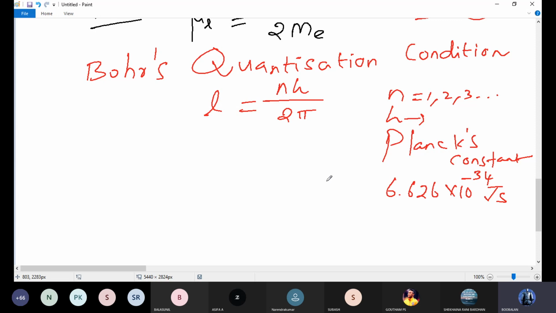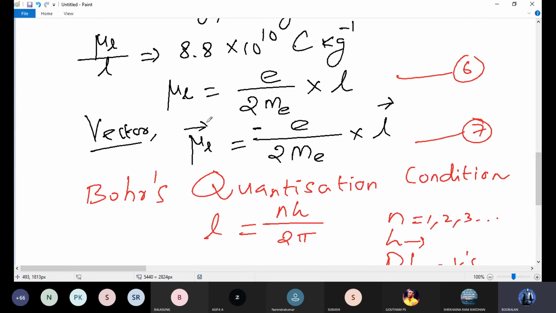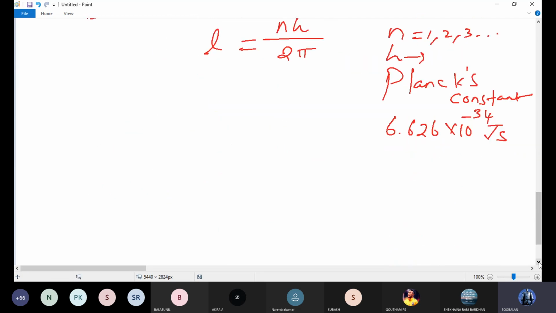Okay. From equation number 6, mu L equals e divided by 2 me into L. In this L, I am writing the value nh divided by 2 pi. From equation number 6, this is equation number 8.